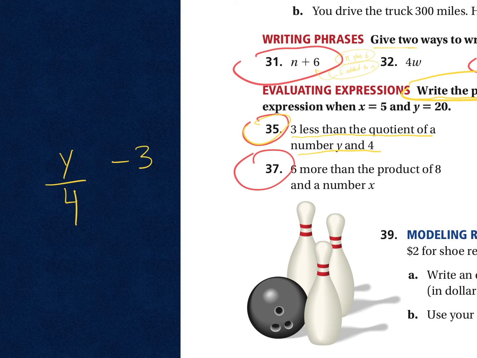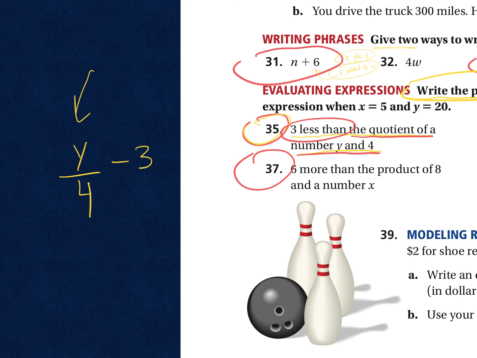If I know quotient means division, I could say y divided by 4. I take care of that first, and then I put the 3 less than at the end. So my final answer would be y divided by 4 minus 3.